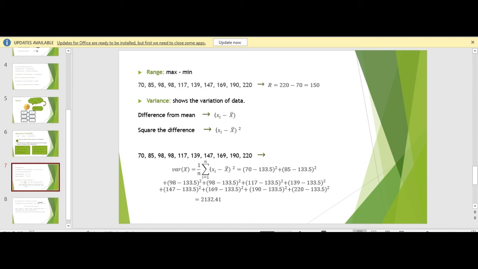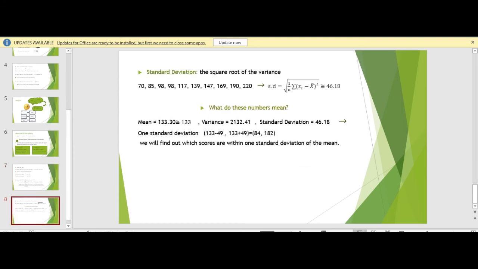And the last measure of variation is standard deviation, and it is the square root of the variance. For our example, it's equal with 46.18.